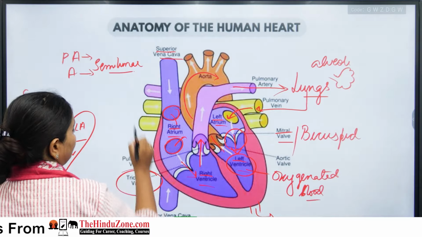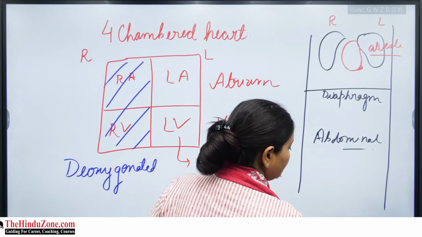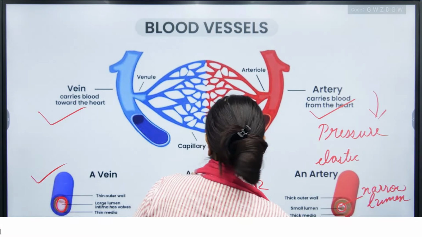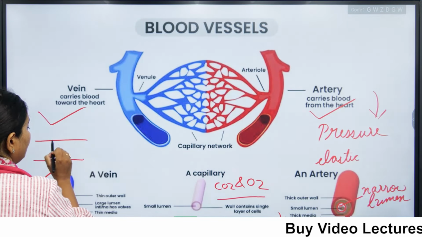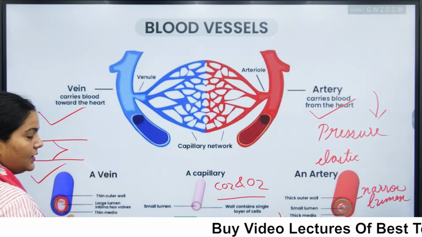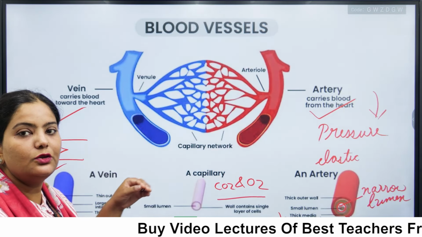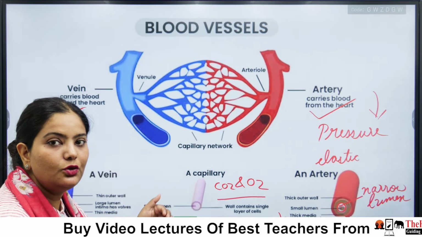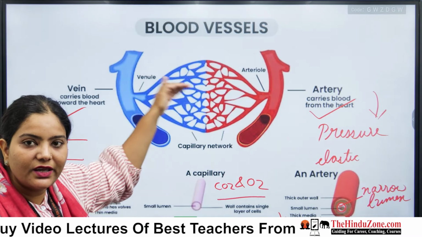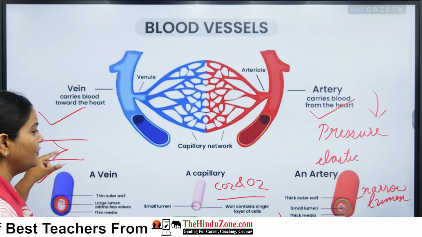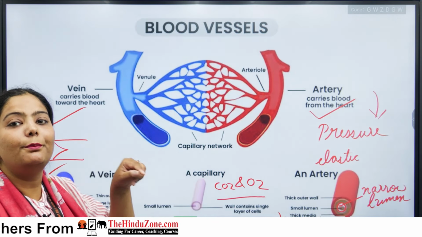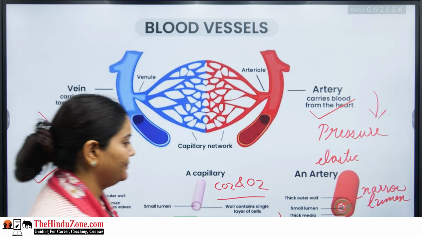Semilunar valves are a type of 3 cusp valves, and these semilunar valves are also present in the veins. Why in the vein? Because in the vein there is low pressure, and this low pressure blood is going to be carried to the heart. So, there is a valve present in the vein which avoids the backflow of the blood.